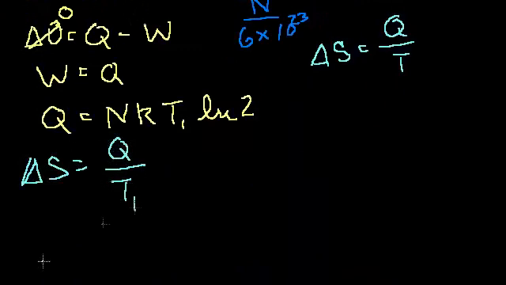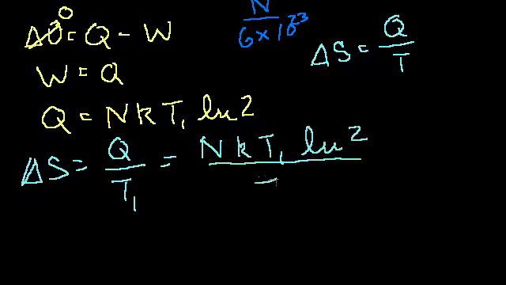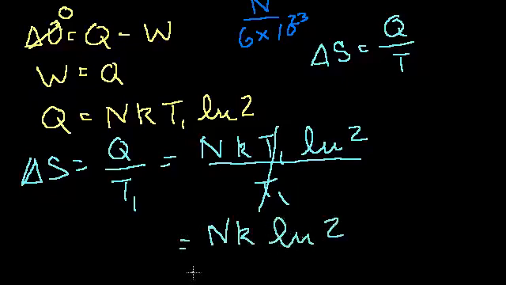Our temperature is T1, so that's equal to nkT1 times the natural log of 2, all of that over T1. These cancel out, and our change in S is equal to nk times the natural log of 2.